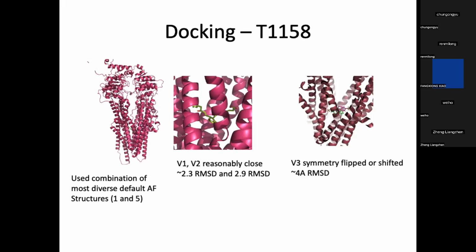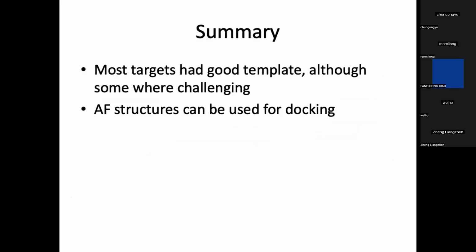Another compound didn't work, although it did work for others, who I guess used something different. So in summary, the CASP targets were dominated by existing templates, which I guess is natural, because these targets are usually natural cofactors, ions, things like that, and there is a lot of information on this in PDB.